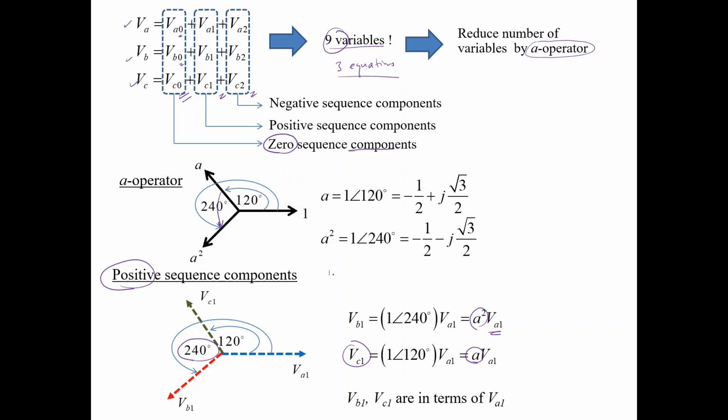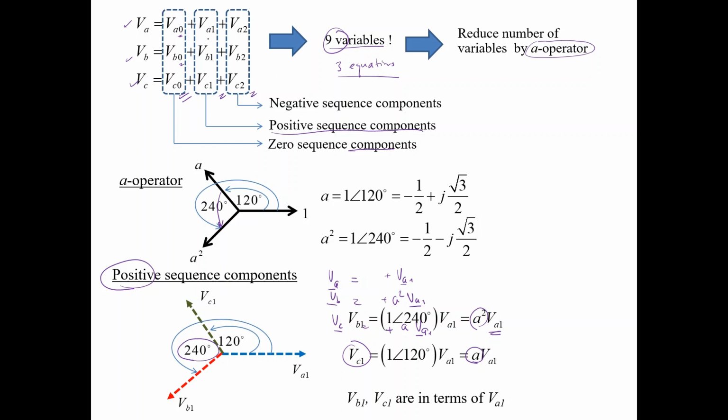You can see that the phasor VA can be expressed in this form. You can express this column, the positive sequence column. Now you have VA1. So how do you express VB? A squared VA1. While in the third line, you can express this in terms of A times VA1.